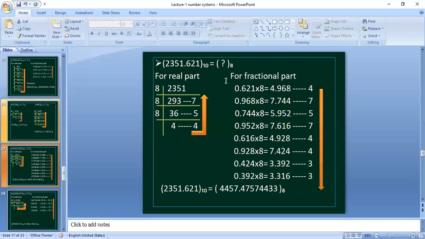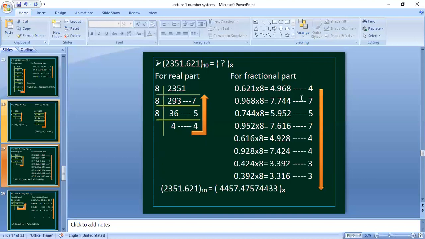If you want to convert this fractional part to equivalent octal, we need to follow the successive multiplication with 8. Okay, so 0.621 into 8. So what is the result? 4.968. Write the integer part at the right side, and again the fractional part is multiplied with 8.